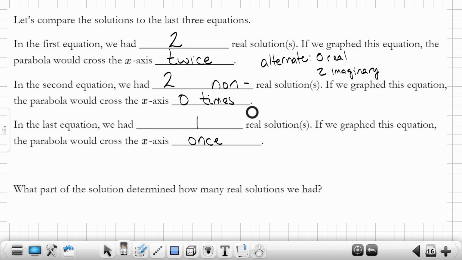The part underneath the square root is what determined it. If it was a negative under the square root, that's what gave us two imaginary solutions. If it was a positive number under the square root, that's what gave us the two real solutions. And when it was 0 was when we got only one real solution. So what part of the solution determined how many real solutions we had was b squared minus 4ac.